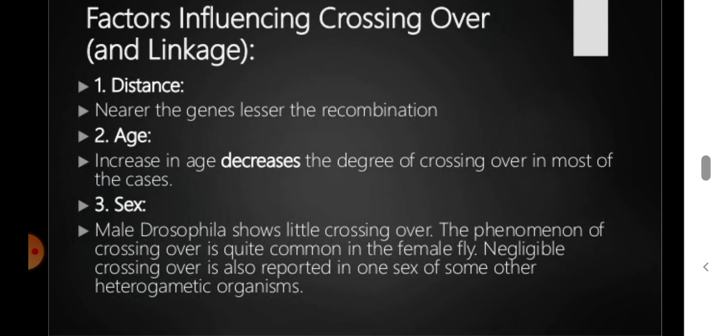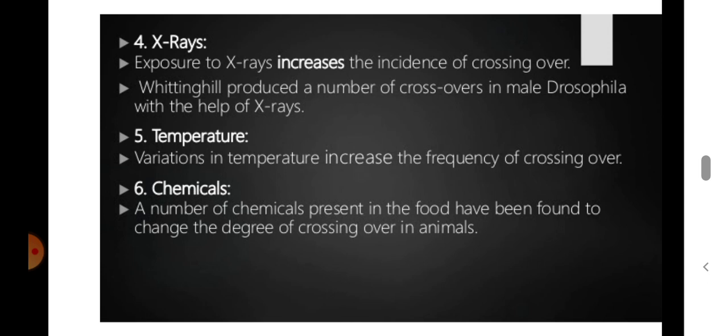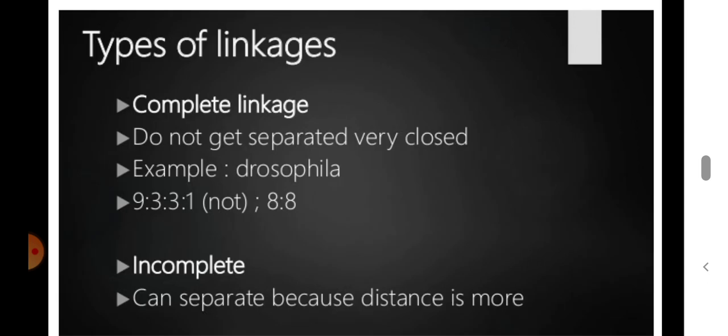Exposure to X-rays reduces the strength of linkage. Fourth, temperature. An increase in temperature decreases the strength of linkage, as the chance of recombination increases. Then sex. The male Drosophila shows little crossing over. The phenomenon of crossing over is quite common in the female fly. X-rays, temperature and chemicals are some of the factors that affect linkage.